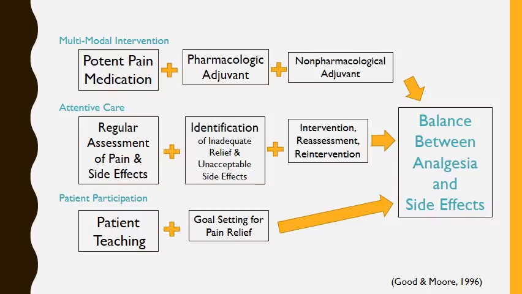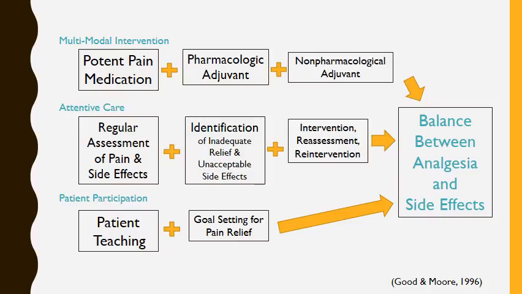The second concept of attentive care contains a regular assessment of both pain and side effects. To assess pain, the nurse would have the patient rate their pain using a rating scale, and they could also assess subjective and objective data for side effects of the opioid pain medications.